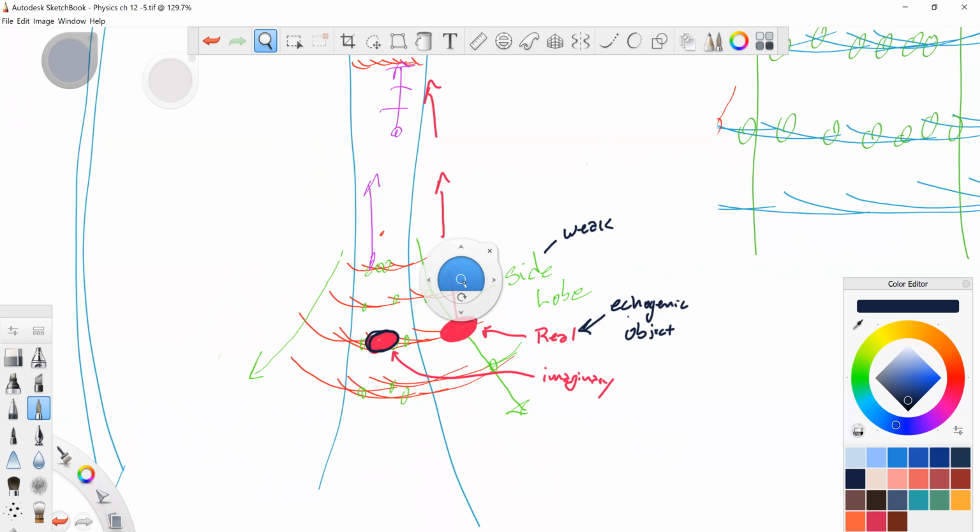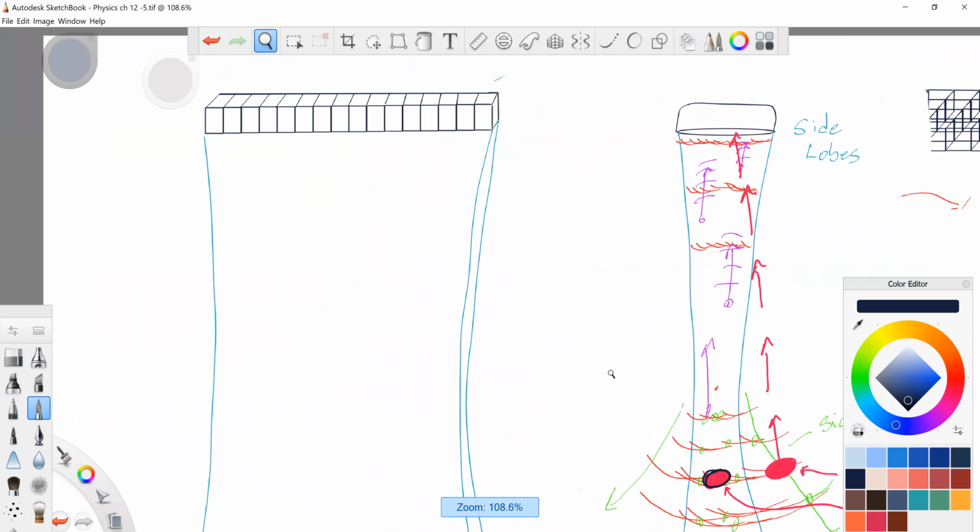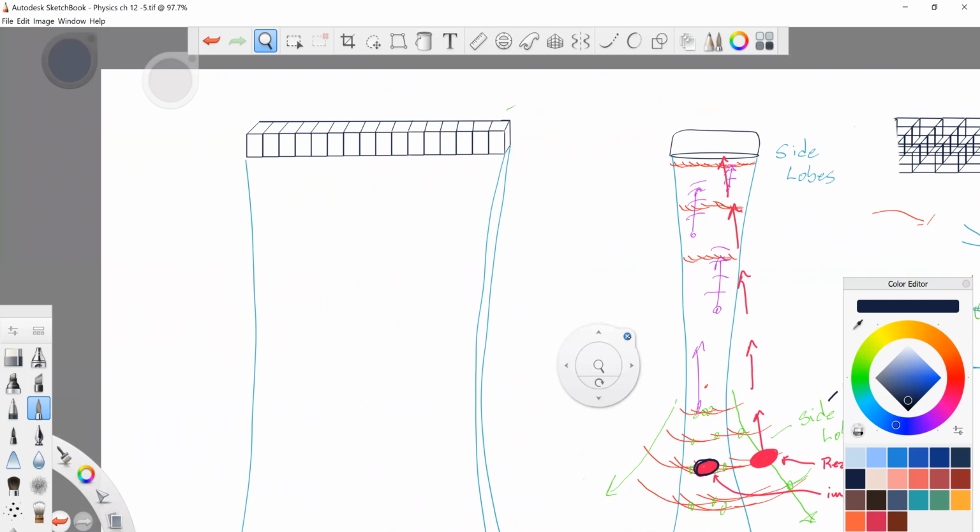Grating lobes are similar. Grating lobes, according to your book and everything else, are created a little bit higher up.